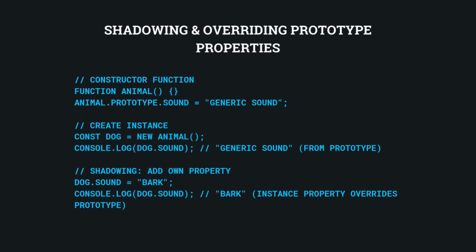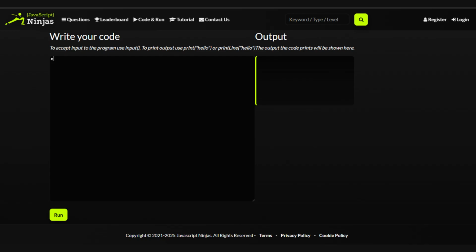In this example we'll show how instance properties can shadow prototype properties and how overriding works.